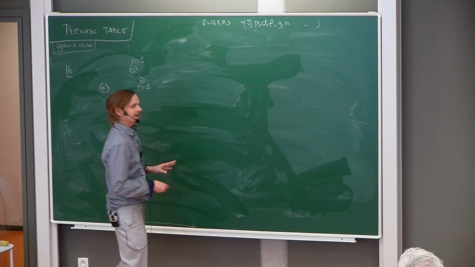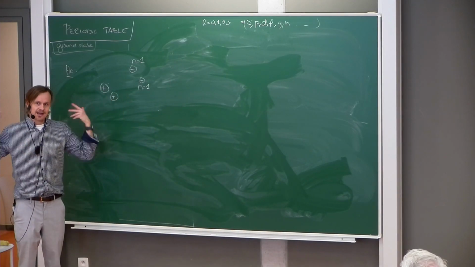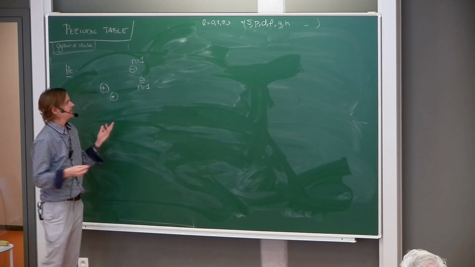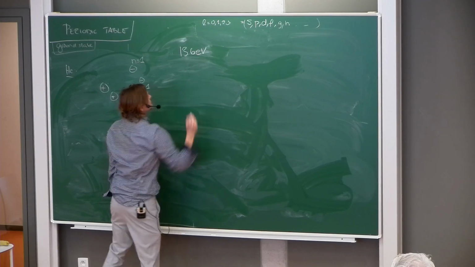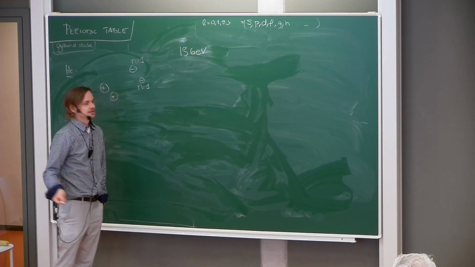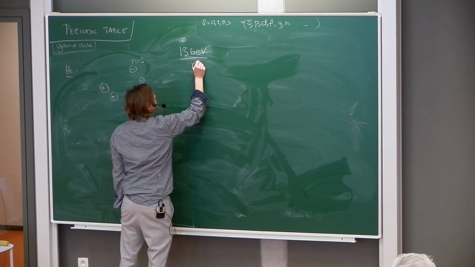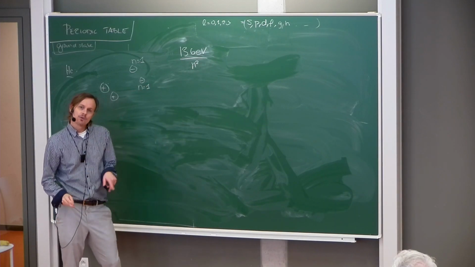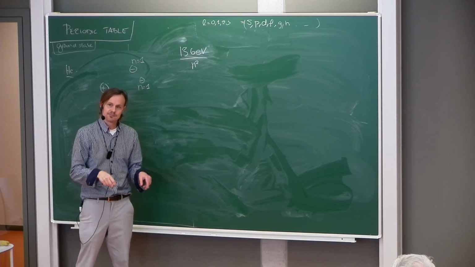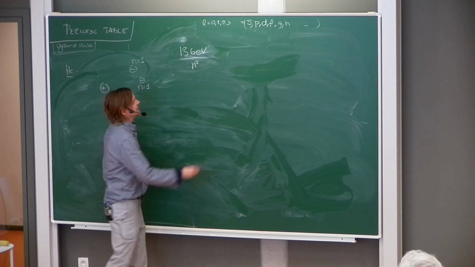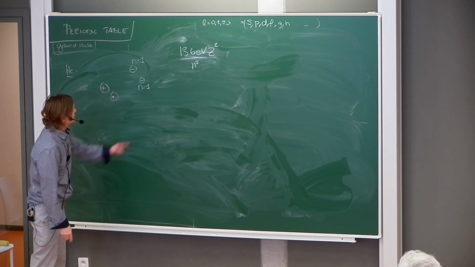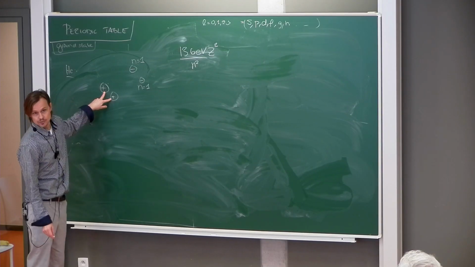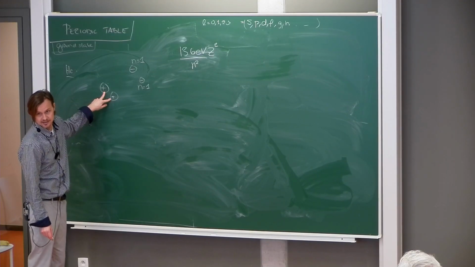Well, if we go back now to our hydrogenic atom, remember that the ionization potential was 13.6 electron volts divided by n squared. But if we wanted to do this not just for hydrogen, but for what we call hydrogenic, we added the charge squared. And that charge square is the nucleus charge, okay?